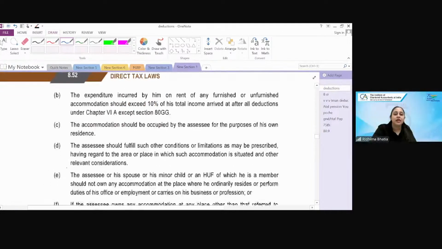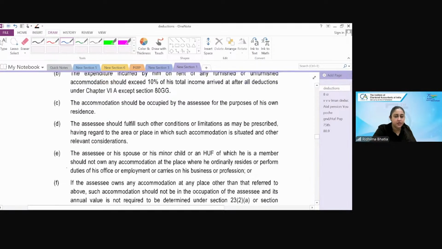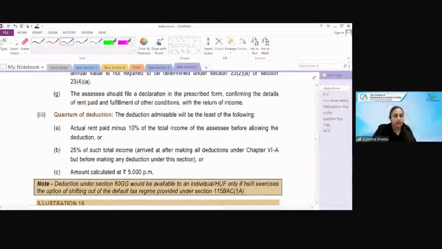And now the question comes, what is the deduction allowed? It will be given to the individual first of all. The deduction allowed is based on three criteria. I hope you can see on the screen. That is, actual rent paid minus 10% of the total income of the assessee before allowing the deduction.